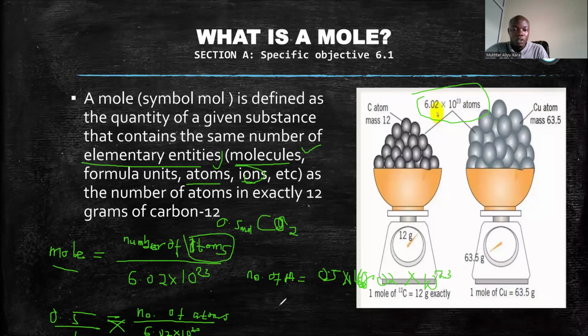After we do the calculation, we end up with 3.01 times 10 raised to the power of 23 atoms. And what does that mean? It means that 0.5 moles of carbon dioxide contains 3.01 times 10 to the power of 23 atoms. So apart from this, we also have another formula for calculating mole.